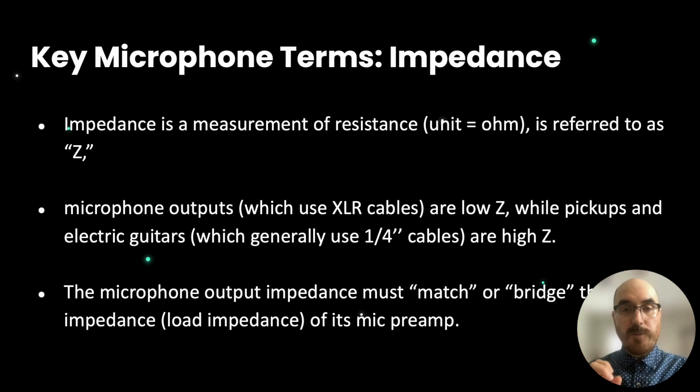Don't have to worry about this too much, but it is a good term to see. You will see that high Z, low Z. So just remember this, maybe pause the slide, take some notes there, right? Mics are low Z, quarter inch guitars, high Z. It just has to do with how these electrical components are functioning. Definitely feel free to do a little bit deeper dive if this is something you're interested in.